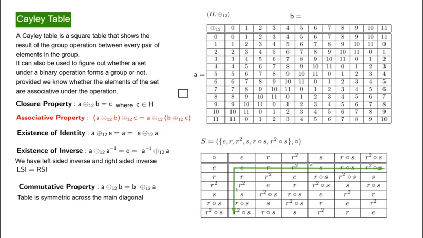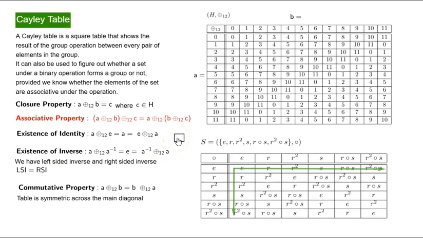What about inverse? We have already seen how to figure out the inverses. Go to each element, go across till you reach E, and the column heading will be the inverse of the row heading. So for R, go forward till you reach E, and the column heading, that is R square, is the inverse of R. For R square, keep going till you reach E, then R is the inverse of R square.